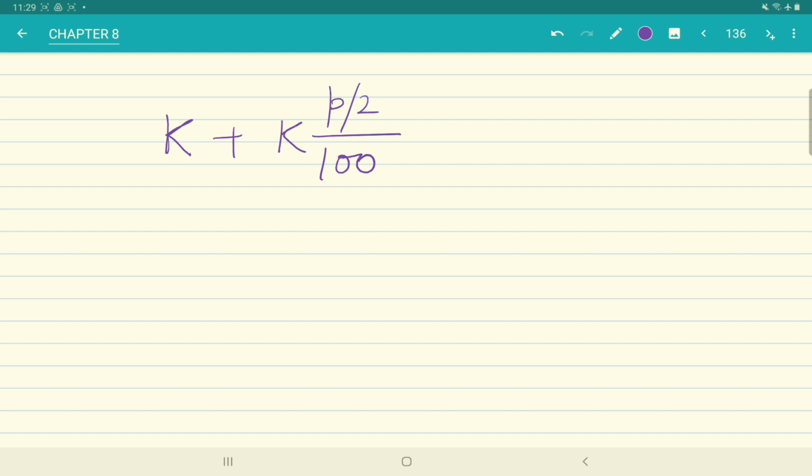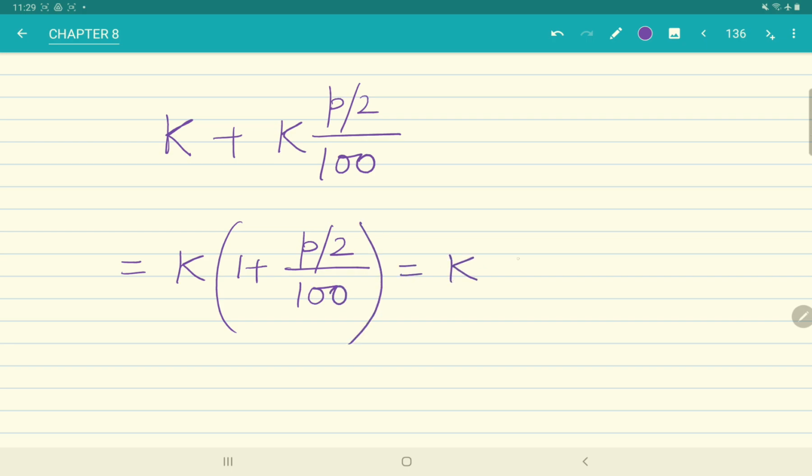So after 6 months, my principal of k dollars will increase to this amount, which can be written as k multiplied by 1 plus p by 200, or in other words, k multiplied by 1 plus r by 2, again r is equal to p by 100.